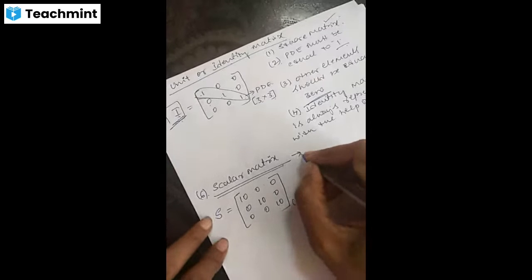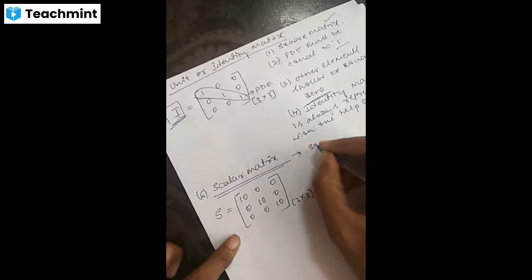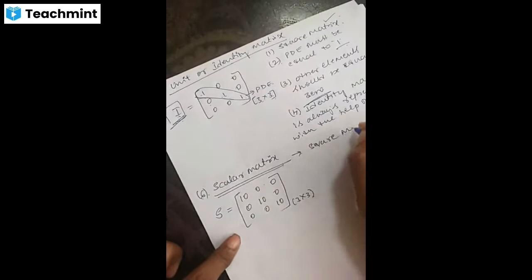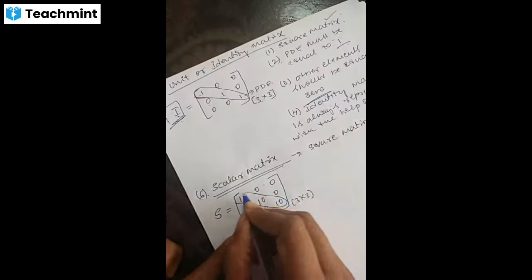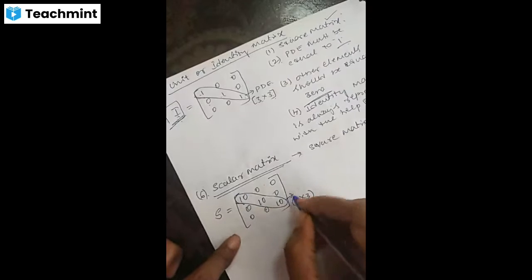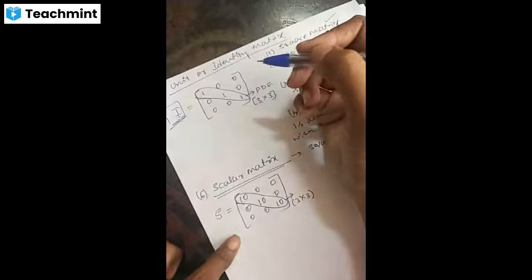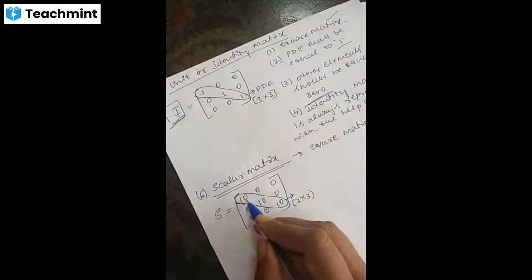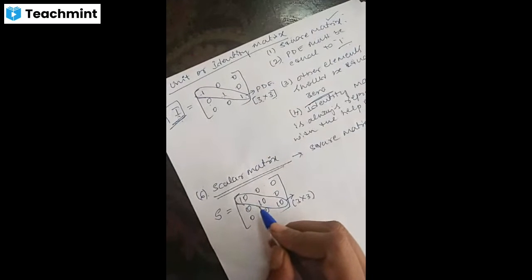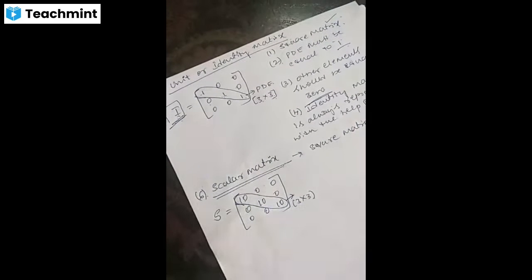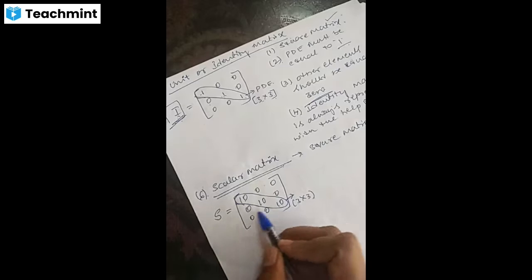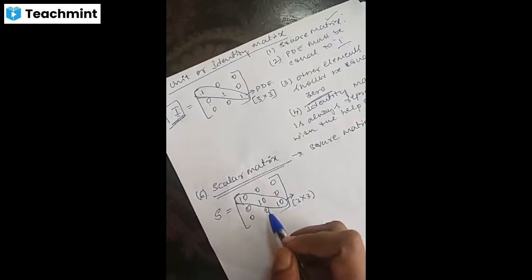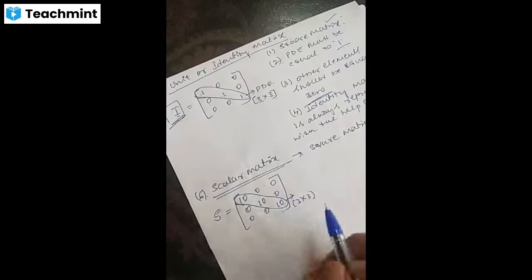The first condition is that it should be a square matrix. Here, the principal diagonal elements can be any number other than 1. It can be 2, it can be 7, it can be minus 11, whatever it may be. Right? Only the thing is it should be equal to each other. And all the other elements must be equal to 0. Then we can call it as a scalar matrix.